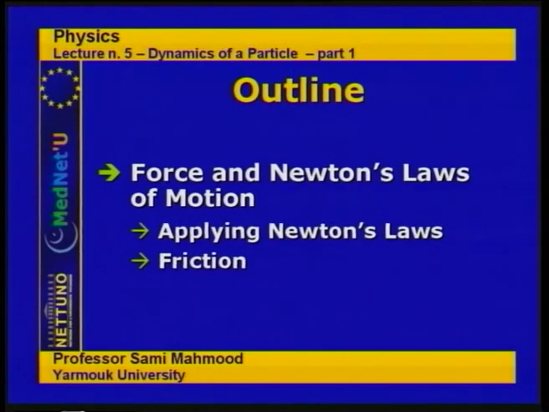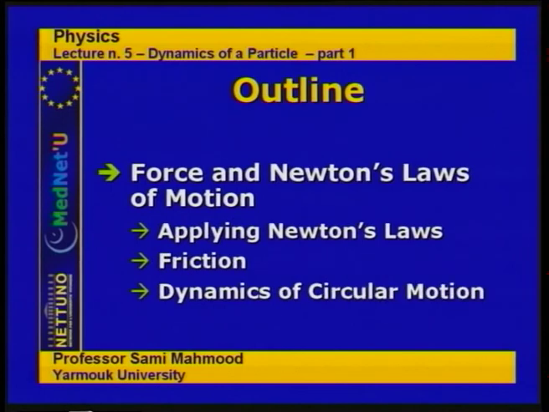Then we will discuss a special type of forces, which is the frictional force, a very important force in our life. We will go on to discuss the dynamics of circular motion, the motion of a particle around a circular path, and the relation of this motion with the forces acting on the particle.